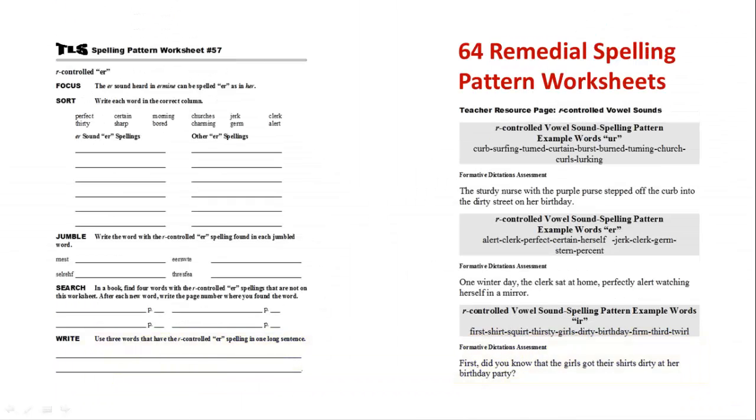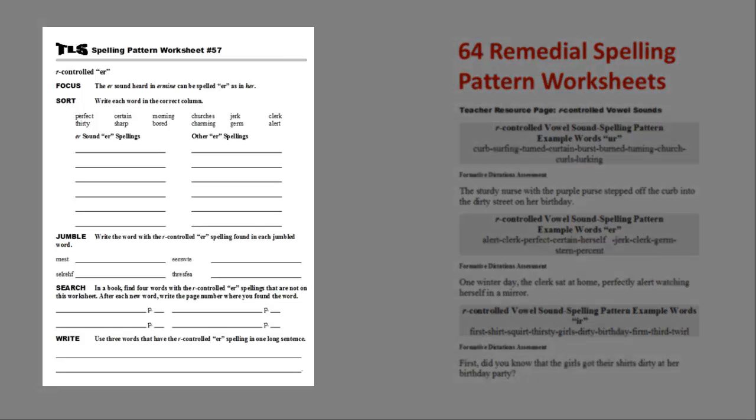After quickly reviewing the instructional procedures, send students back to their seats to complete the spelling pattern worksheet individually. When students have finished, and it may not be the same class day, ask the group to bring their spelling pattern worksheets and a different color pen or pencil up to the teacher to self-correct and self-edit.